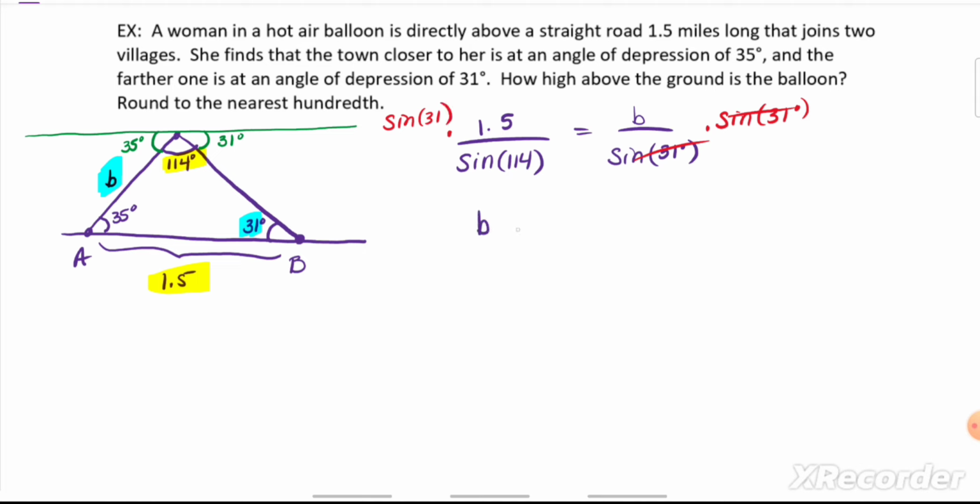That makes our side B equal to 1.5 sine of 31 divided by sine of 114.